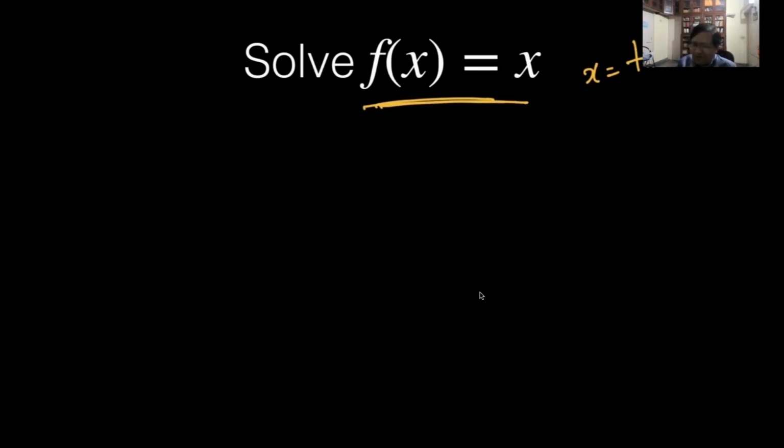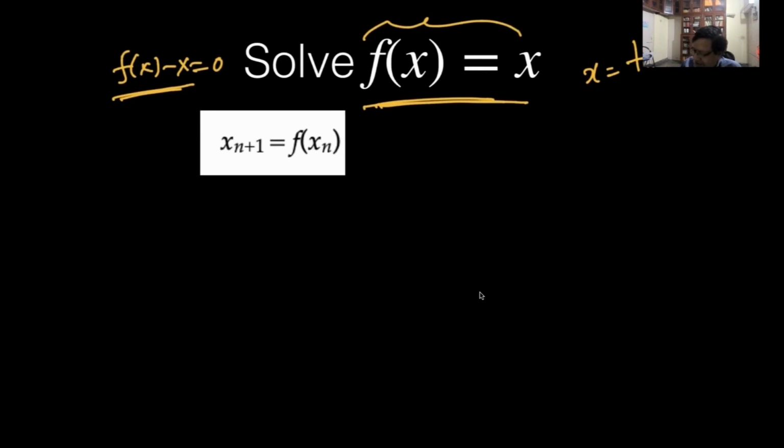I'm going to show you one very simple function which shows chaos. This is different from finding a root. If you want to write it in terms of a root, then it is f(x) minus x equals 0. I'm finding the root of this function, but it is stated as finding the solution of f(x) equals x.